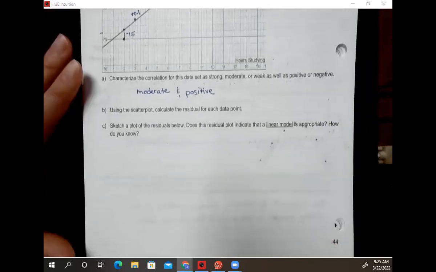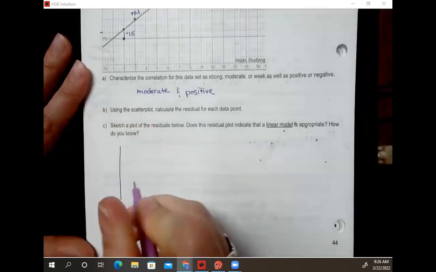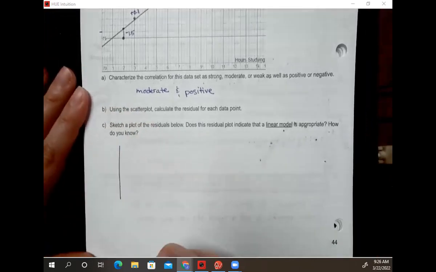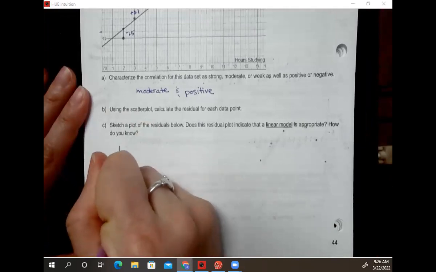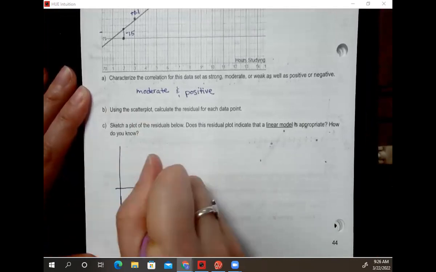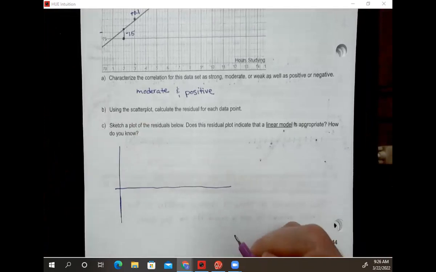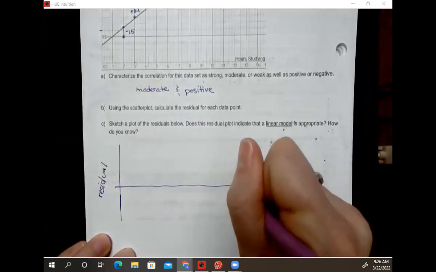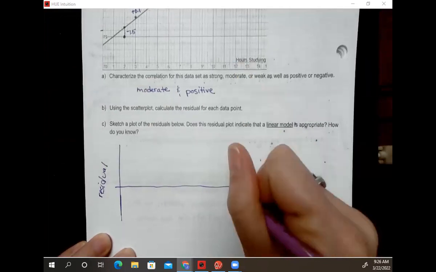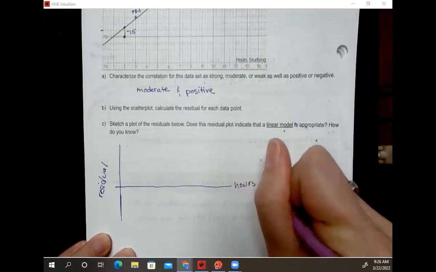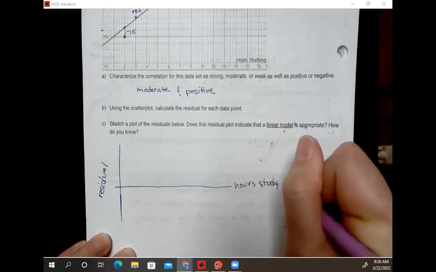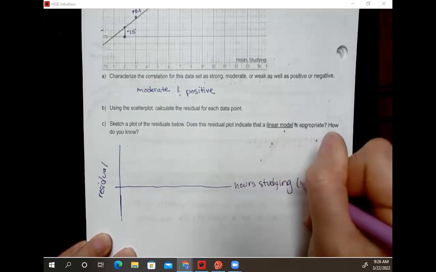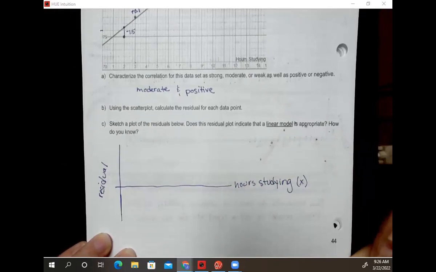So I'm going to make a little sketch here of my residuals. Same idea as before, and we're not nearly as spread out as we were before with our residuals, so that should make this hopefully a little easier. Remember, this is our residual along the y-axis, and then our x value was our studying, again the x value from the original graph.